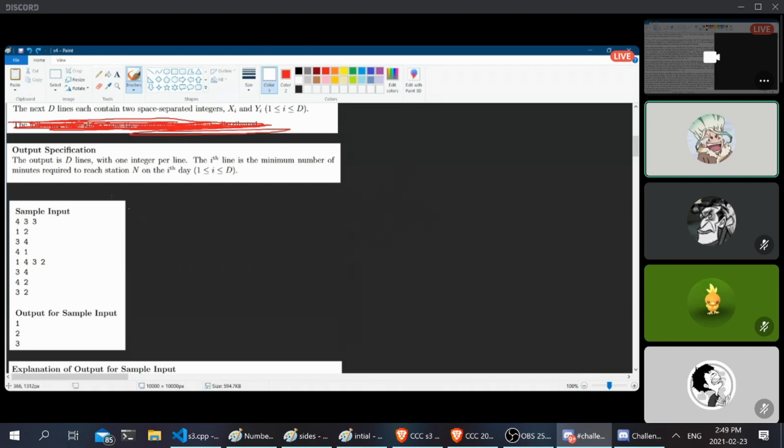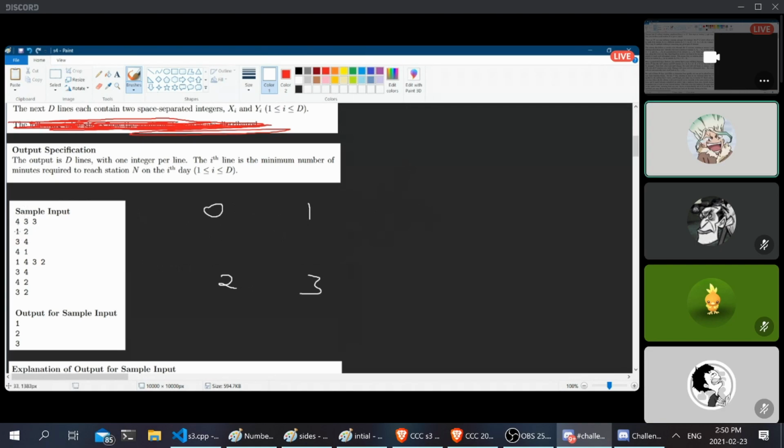Let's draw this graph out. So we have 4 stations, so let's just draw them out here. And also, this question likes to start counting from 1, but I like counting from 0. It doesn't really matter. I think it's just a matter of preference. But for this, I'm going to convert all of them to start counting from 0. So you'll have station 0, station 1, station 2, and station 3.